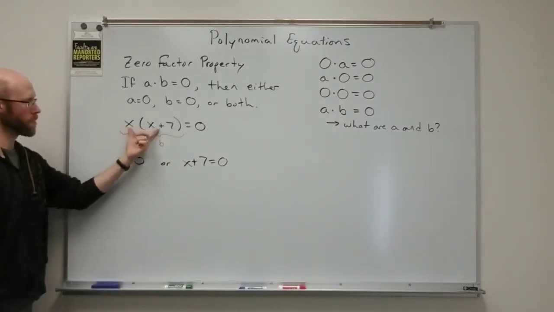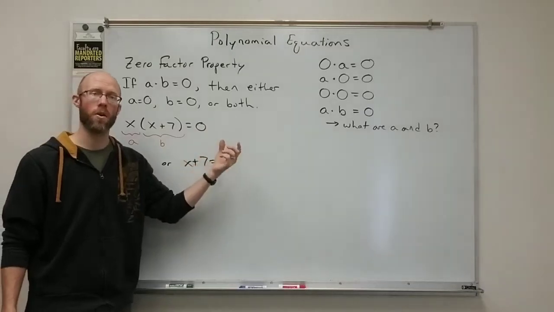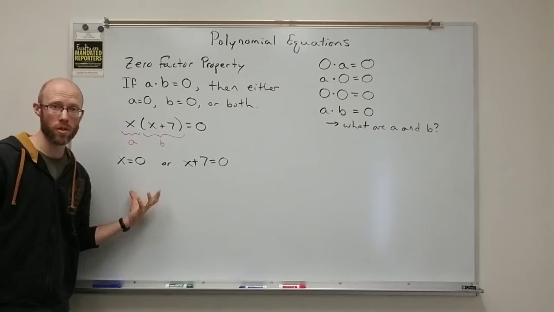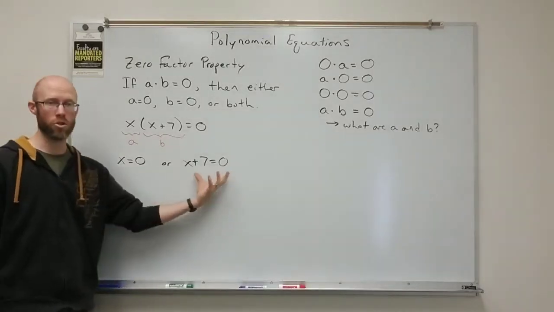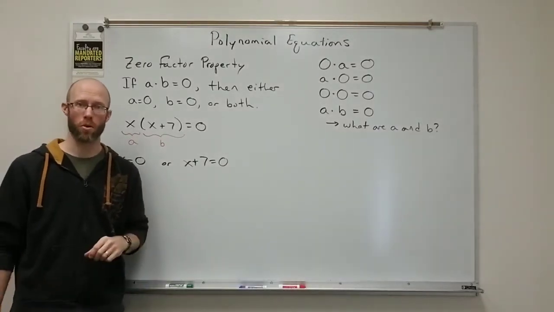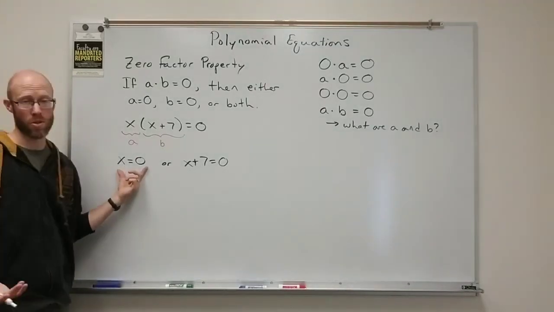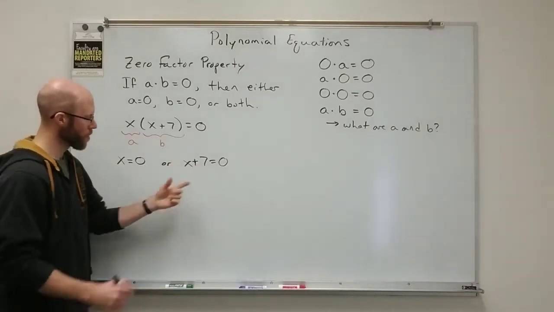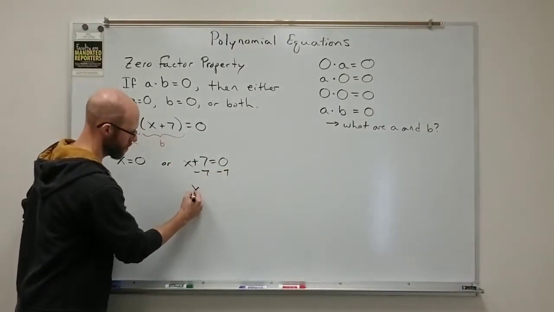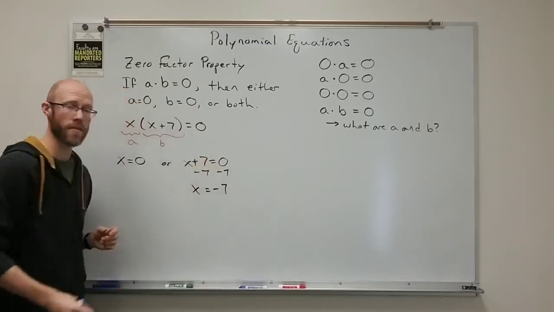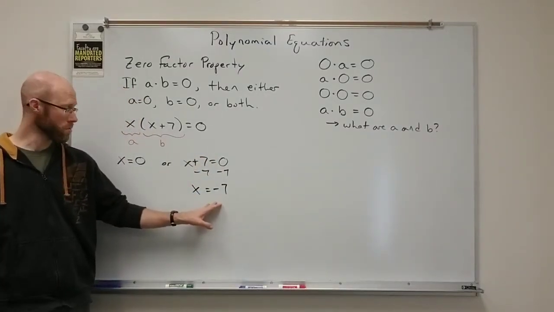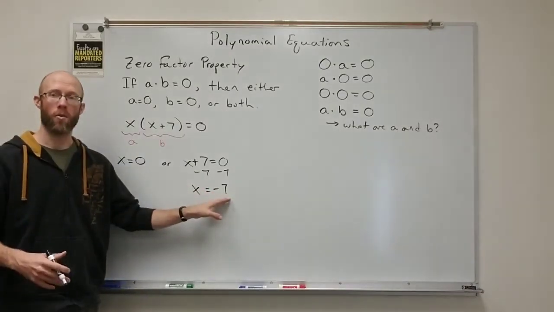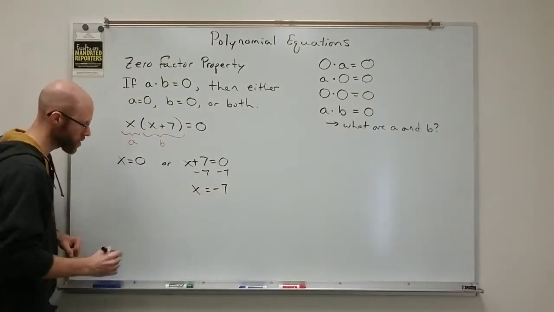By starting out with two factors equaling 0, we can set each of those equal to 0 individually and end up with two equations that are much simpler to work through. x equals 0 is already solved for. 0 is one of the solutions, but also if I solve x plus 7 equals 0, I get negative 7. I have a second solution, x equals negative 7.